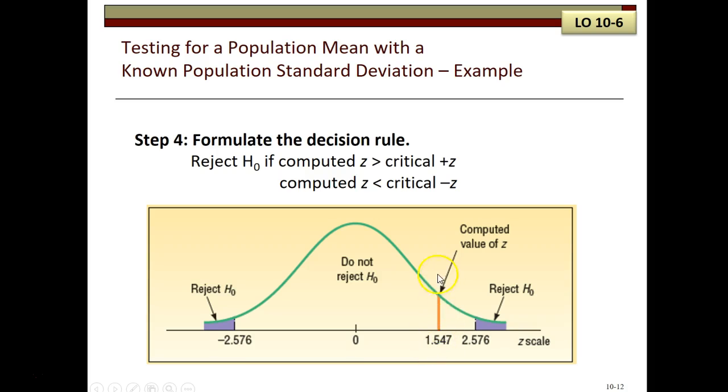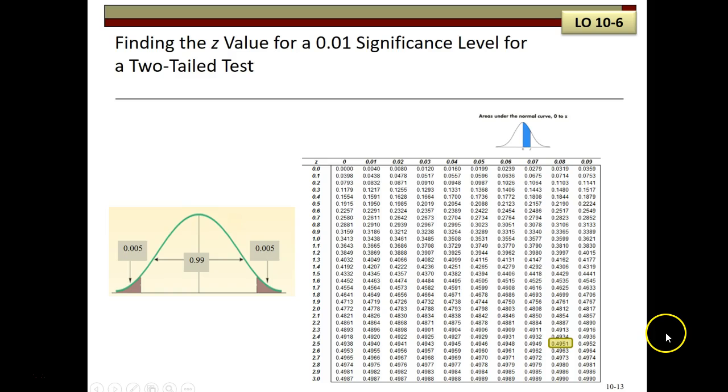So it's somewhere here, a full deviation down this way. Because it's less than this reject line, we do not reject the null hypothesis. We accept the null hypothesis that there is no difference.